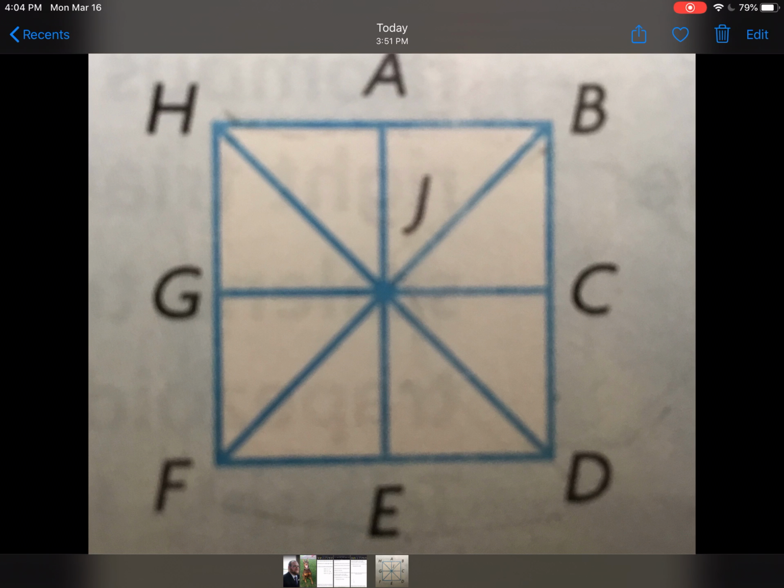The rules for naming a shape is that as you name letters, they have to be connected. And if we are going past the letter, we don't name it. So the big box, we look at the corners on the outside there, H, B, D, and F. Okay, H, B, D, F. That is going to be the name of a quadrilateral, H, B, D, F.